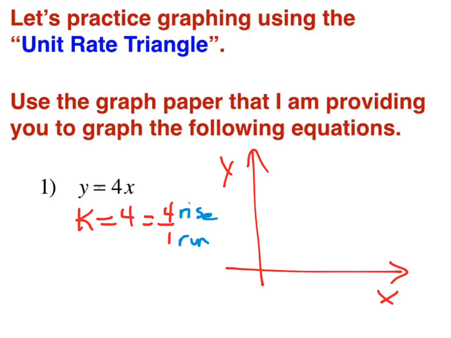Now this is a proportional relationship, so we know we have 0, 0. So go ahead and plot 0, 0. And from there, we're going to rise 4, and we're going to run 1. There's my next ordered pair. If you include 0, comma 0, I want to make sure we have 4 ordered pairs on there.